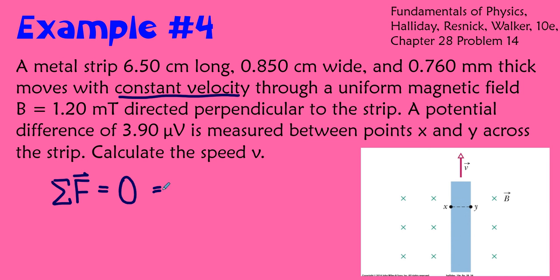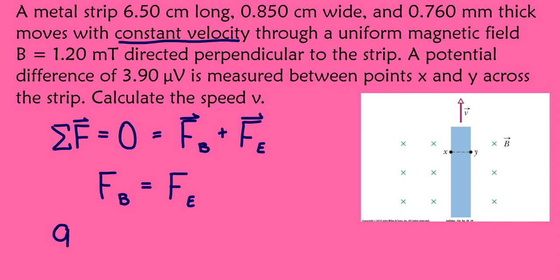In this case, that net force is a combination of a magnetic force, because it's in a magnetic field, and then there will also be an electric force set up by the fact that electrons are going to accumulate on one side of my conductor, setting up an electric field within that conductor. Since the net force is 0, I know that the magnetic force is equal in magnitude to the electric force.